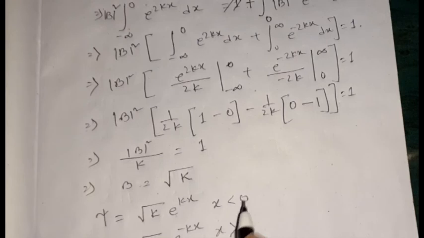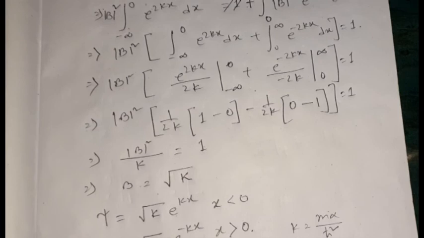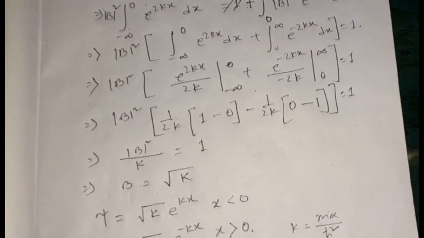Now we can write this wave function using k equal to mα/ħ². So this gives root of mα/ħ² times e^(-mα/ħ² |x|).